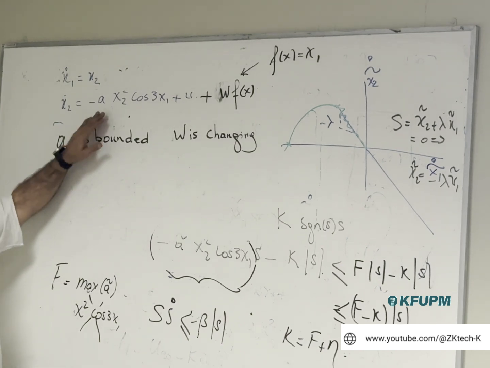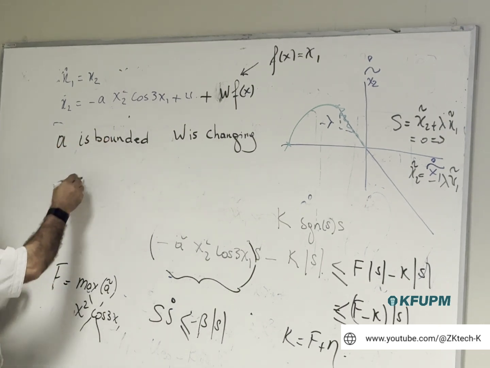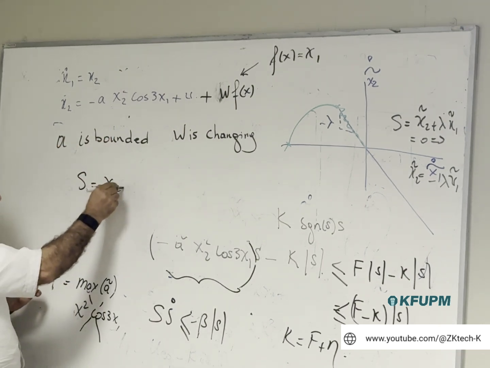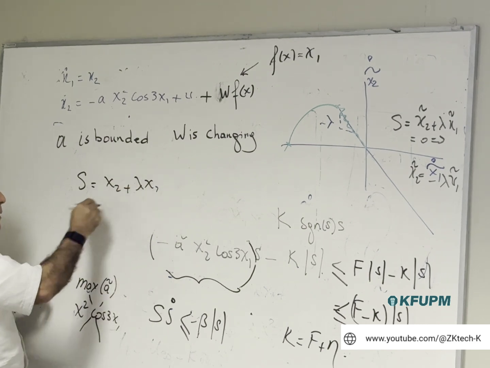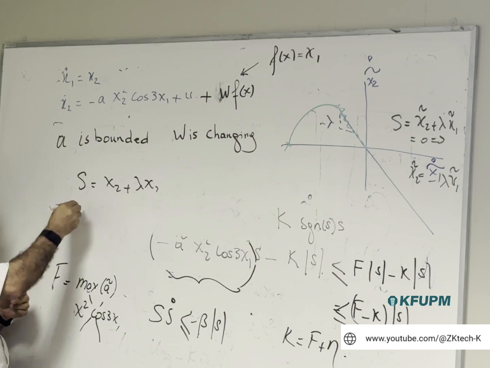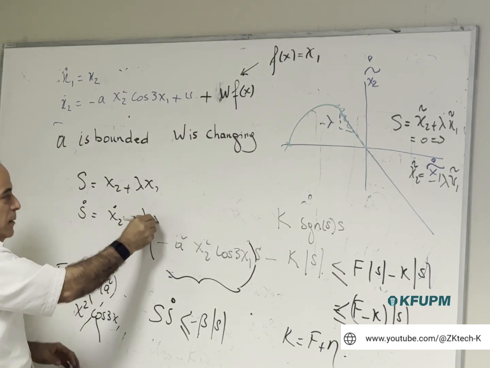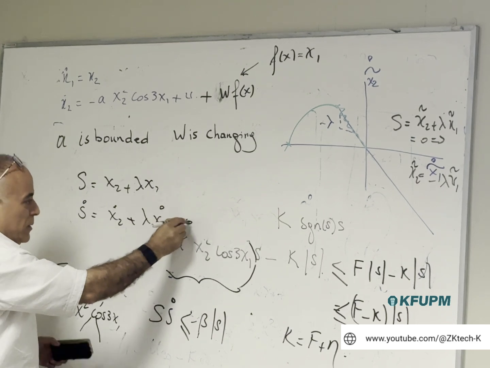So you start your system exactly the same way. The surface S is equal to x2 plus lambda x1. I assume x desired is 0, so we don't have to bother with this. This is x2 prime plus lambda x1 prime, equal to 0.